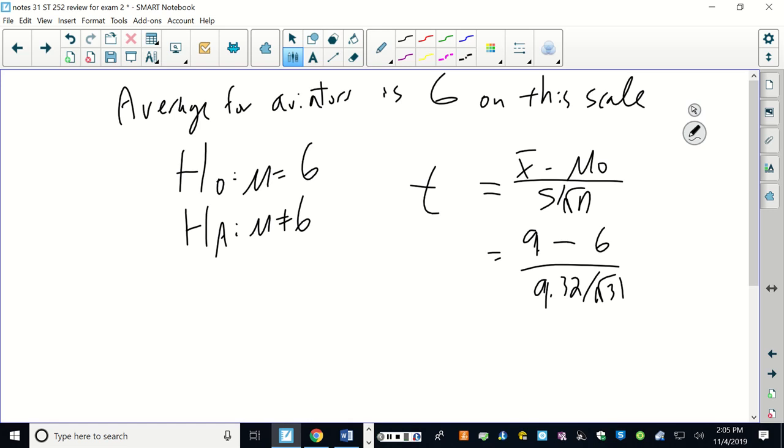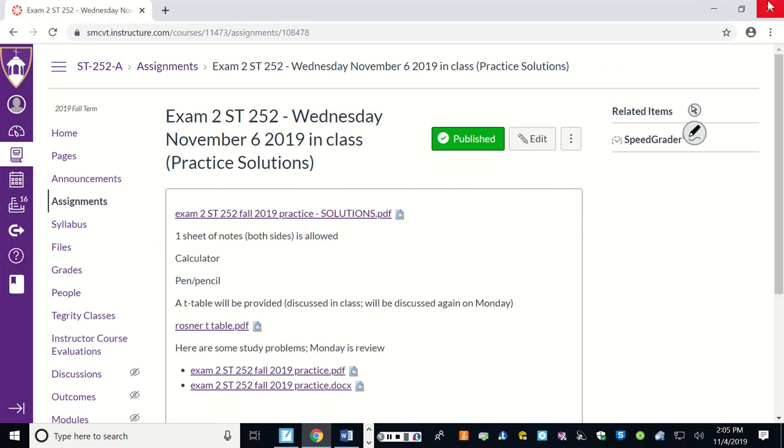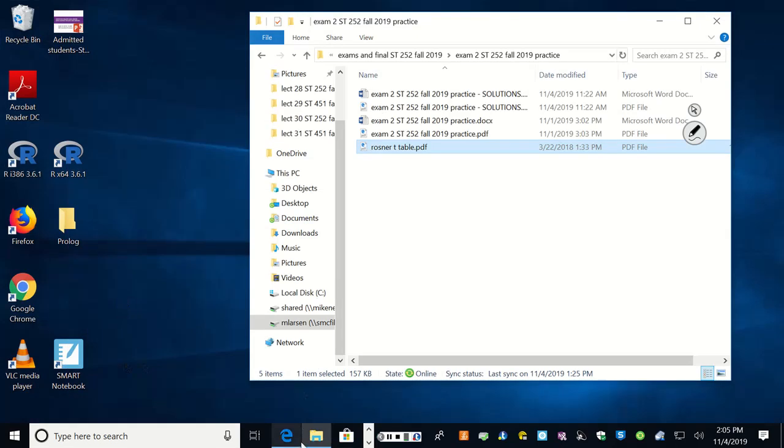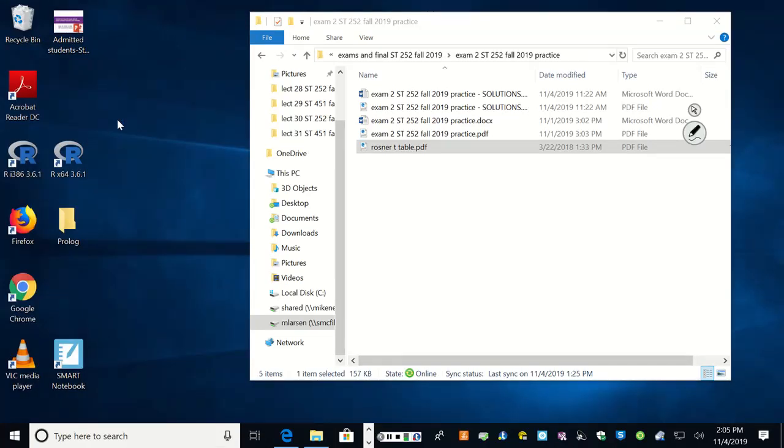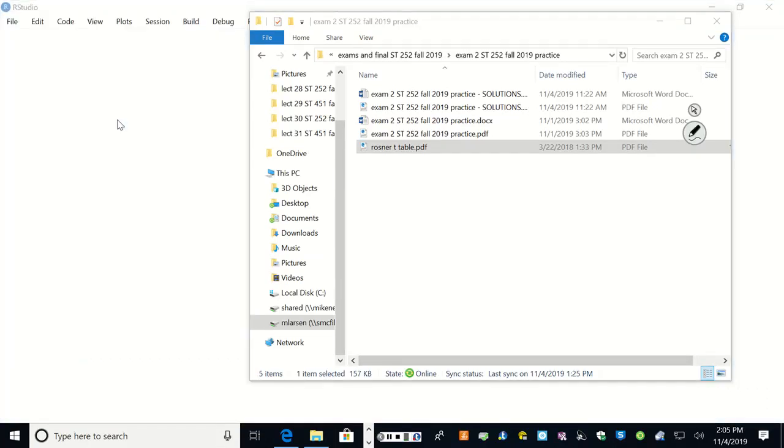So anyway, if you calculate that, that would give you a t value.